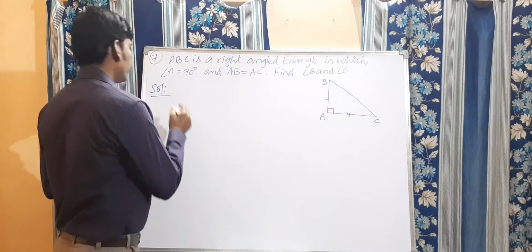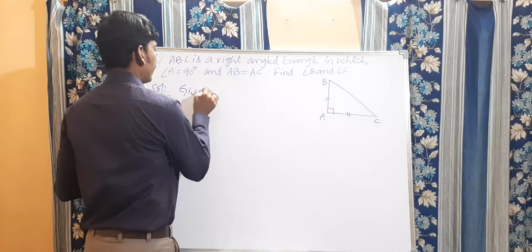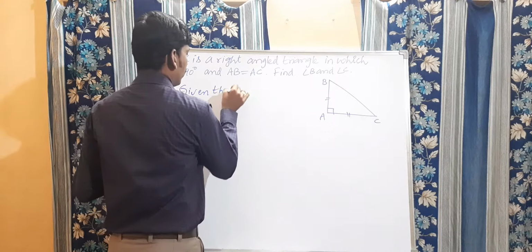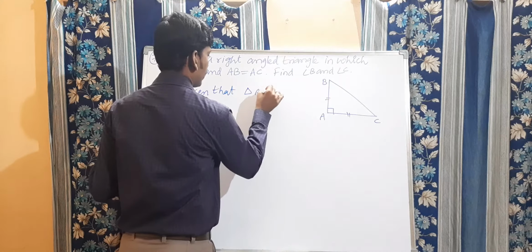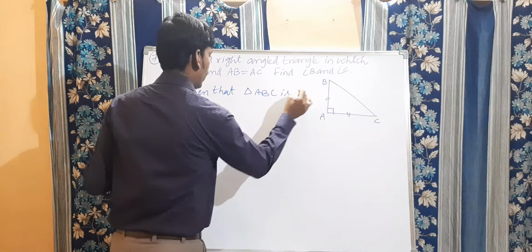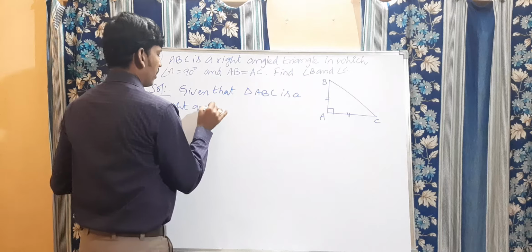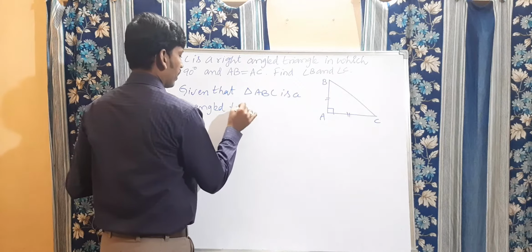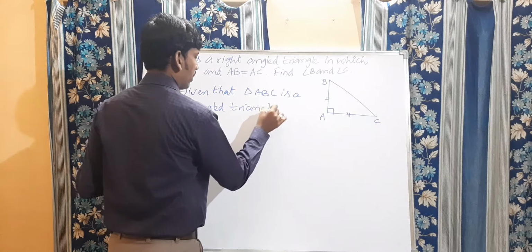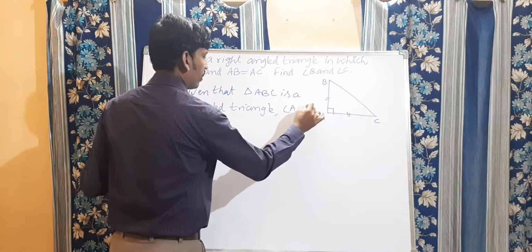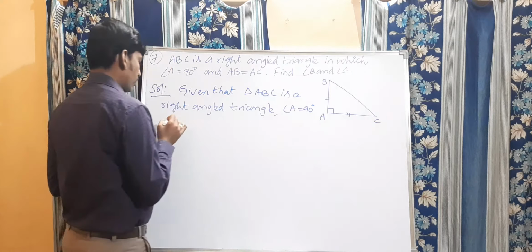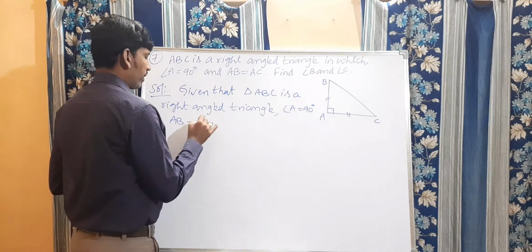Right? So now, given that triangle ABC is a right angle triangle. In that angle A is equal to 90 degrees. And also they given that AB equal to AC.